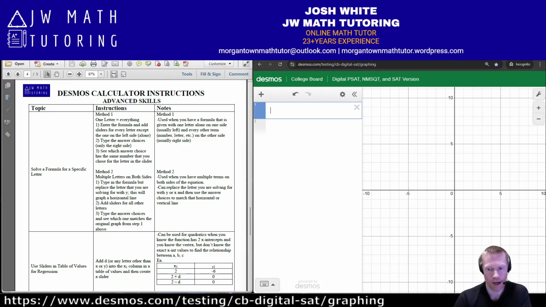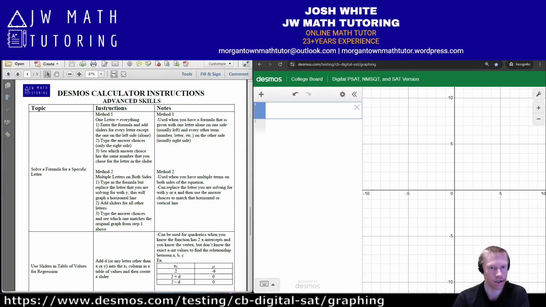This is going to end up graphing a horizontal line on the graph. Then you're going to add sliders for all the other letters besides the one you're solving for. Then you're going to type in your answer choices, and you're going to see which one overlaps or matches the horizontal line that we graphed in step 1.